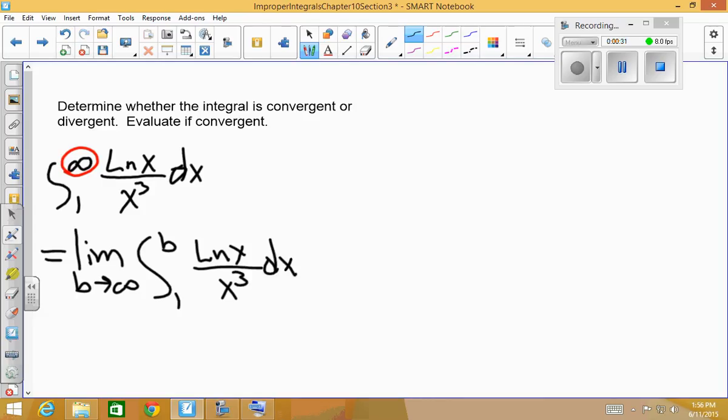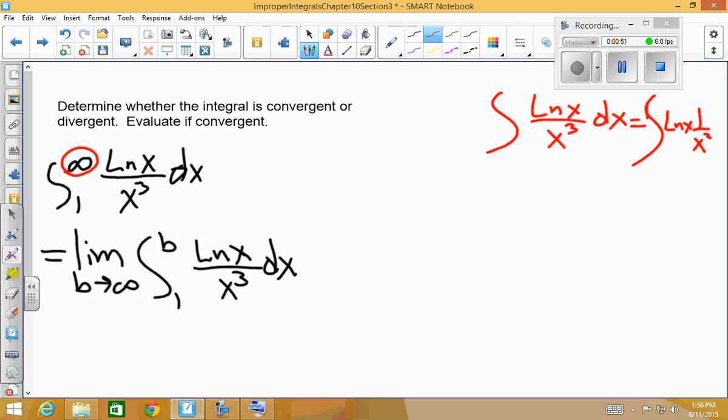We're going to have to find an antiderivative of natural log of x over x cubed if we want to get this done. So let's take that over here. This is the same as the integral of natural log of x times 1 over x cubed dx.